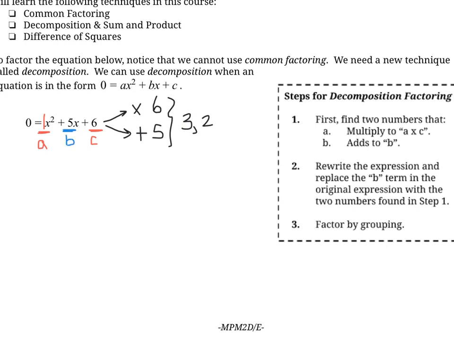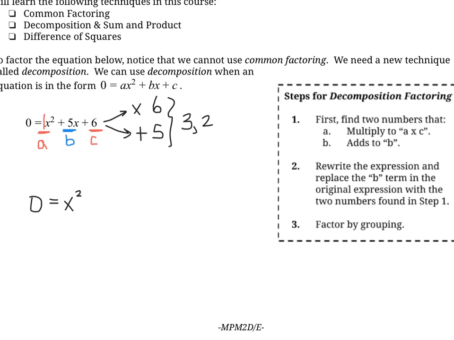So our next step is to rewrite the expression and replace the b term in the original expression with the two numbers that we found here. So we're going to replace 5x with 3 and 2. So let's rewrite the rest of the equation. On the left side we have 0 equals, our first term is x squared, or 1x squared. Then we're going to break up this middle term, or decompose it, into 3 and 2.